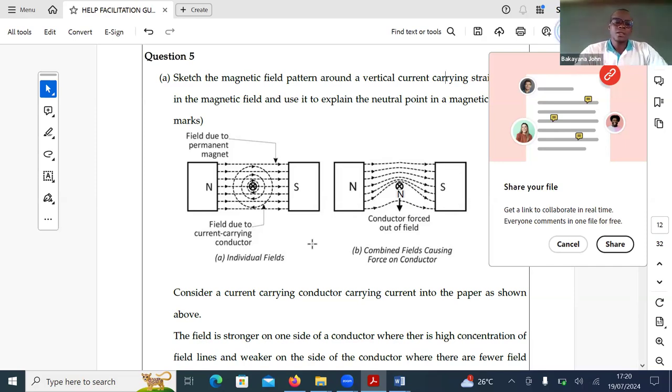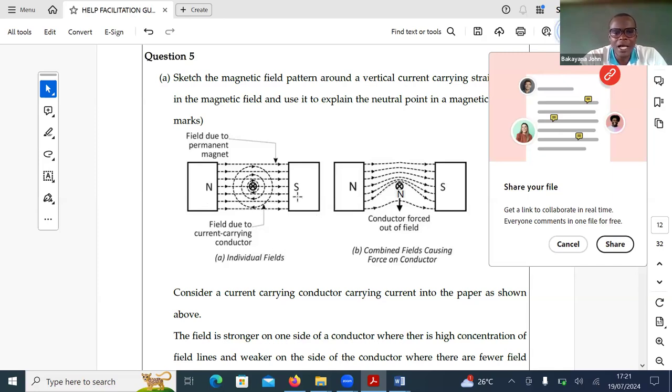Okay. So if we have a current carrying conductor, like a wire carrying current into the paper with a cross, and we have the direction of the magnetic field from the north to the south, then the two fields, when combined, will appear as shown on the right-hand side of the diagram.